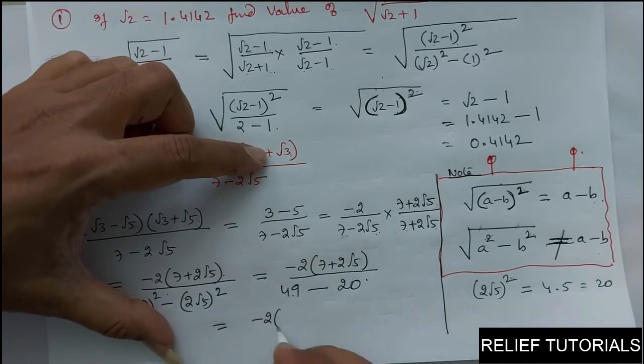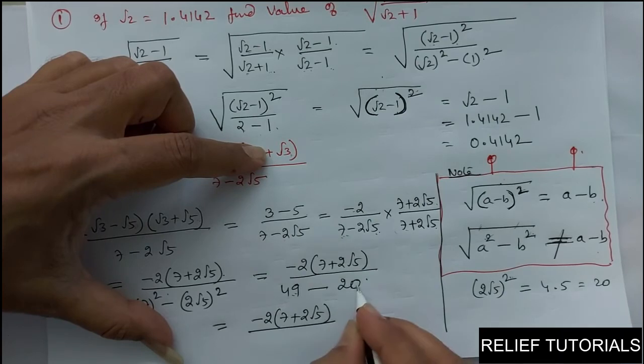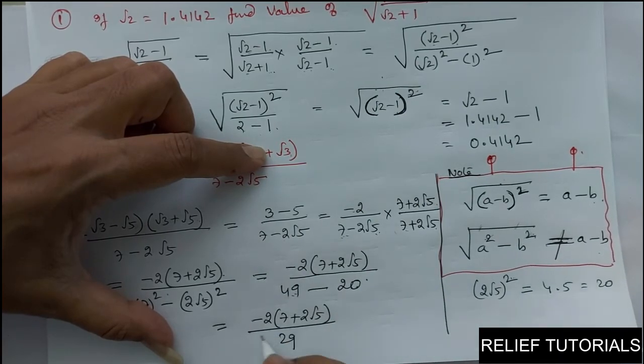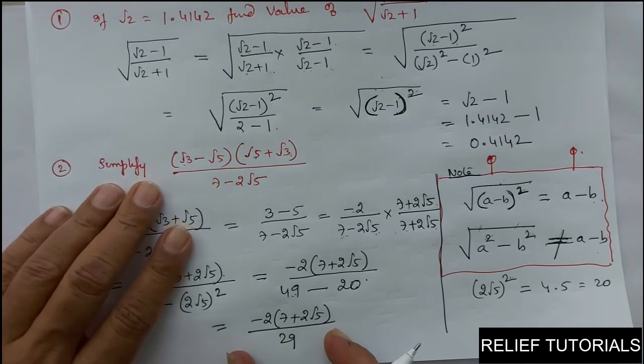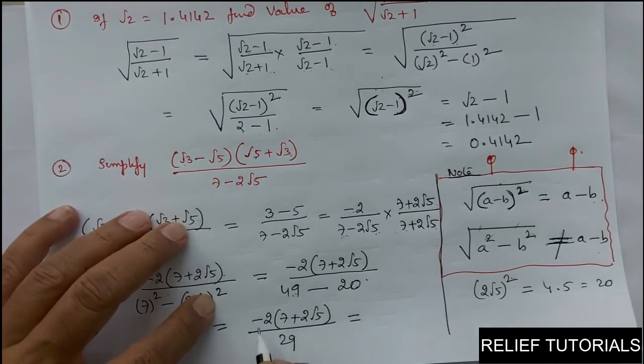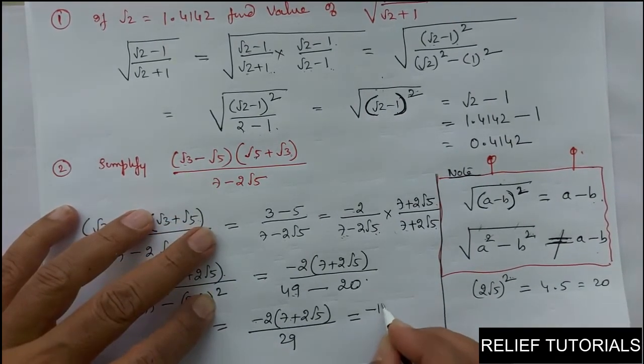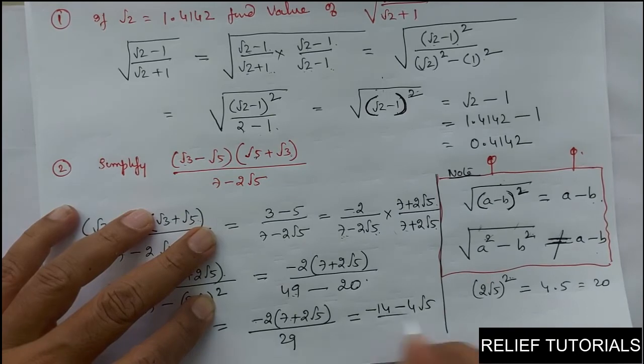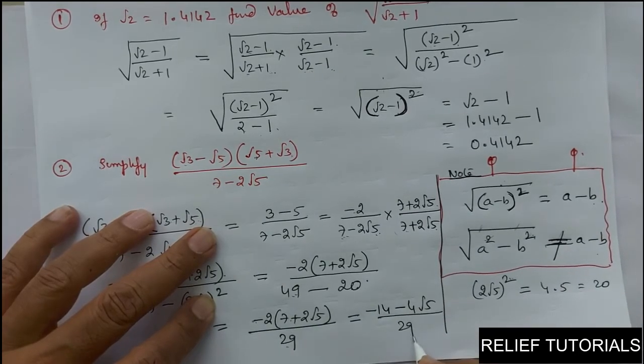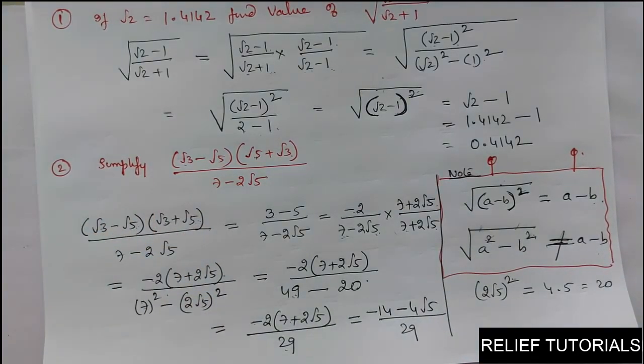So minus 2 into 7 plus 2 root 5 upon 29. So now you are not able to cancel. So this is your final answer. Clear? And if you want to multiply, you can multiply. Minus 2 into 7 is minus 14. Minus into plus, minus 2 into 2, minus 4 root 5, upon 29. This is our answer. Have you got it? This is our answer.